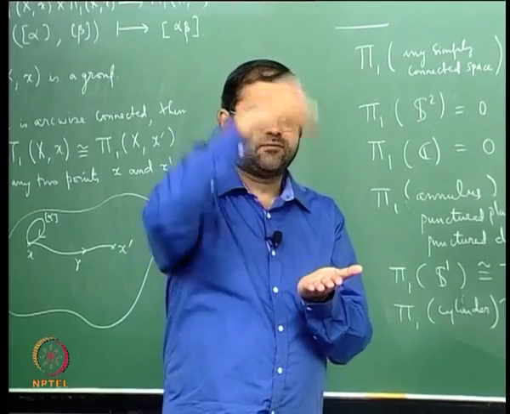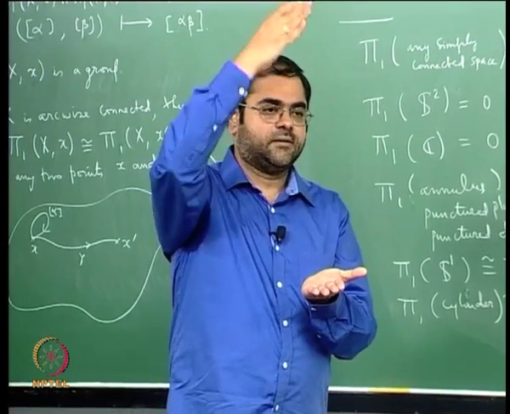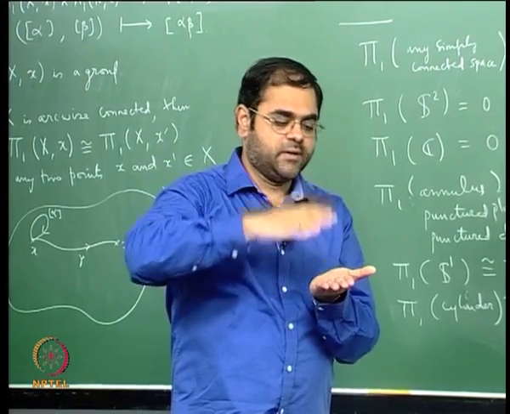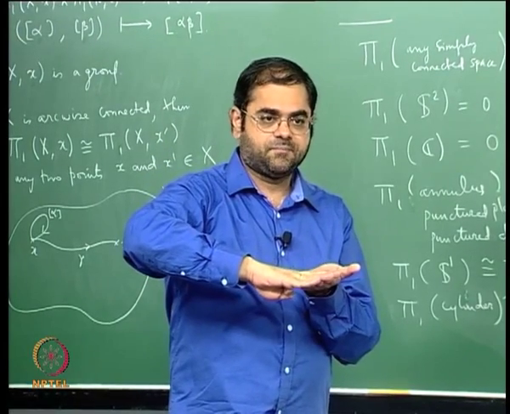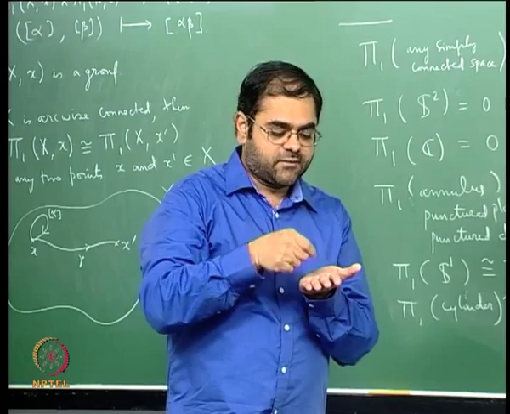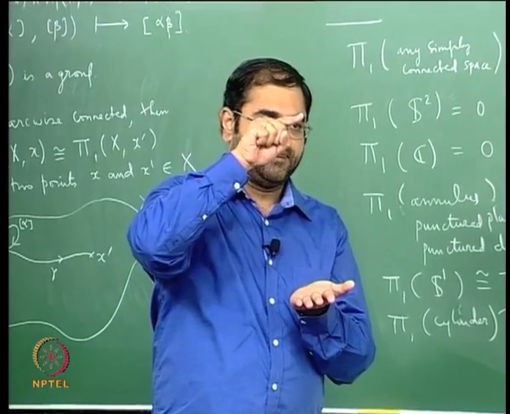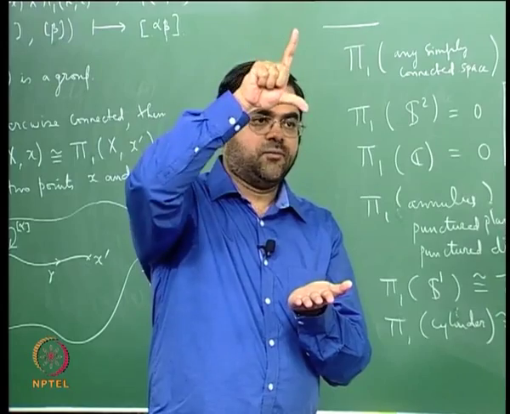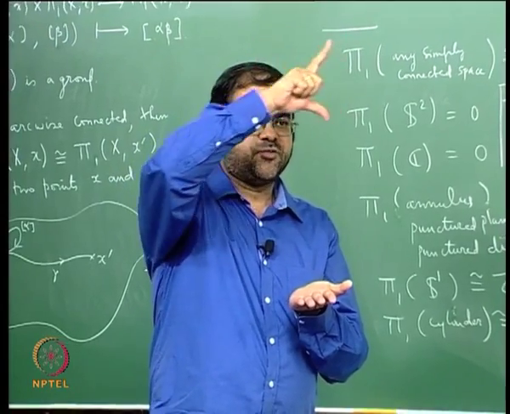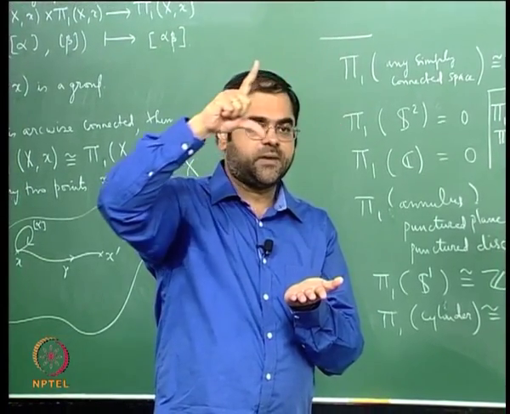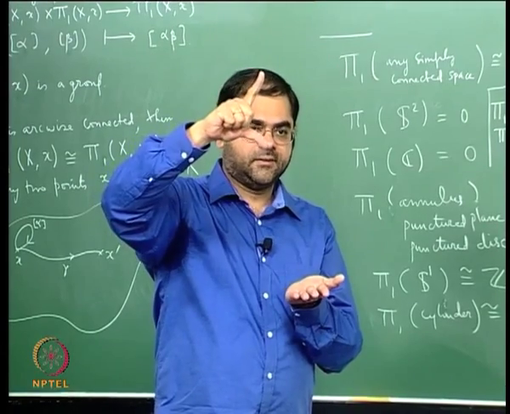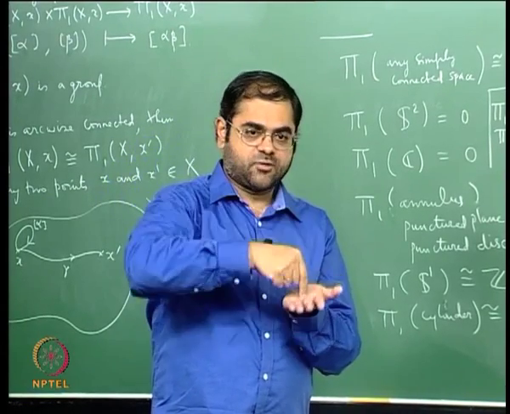Okay, and that's what gives rise to a covering space. So basically you have the topological space X, and for every point small x you put a copy of its fundamental group above, and then you take the disjoint union of all these copies of the fundamental group together, along with the natural projection.